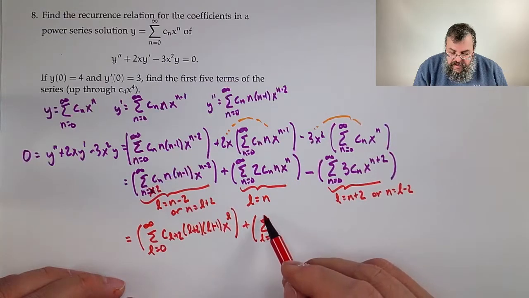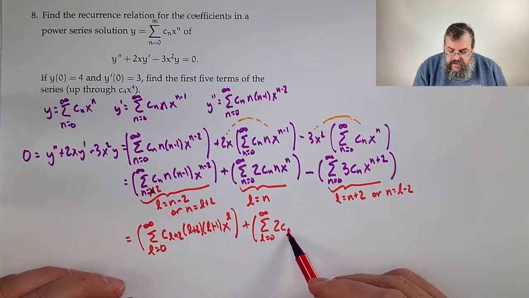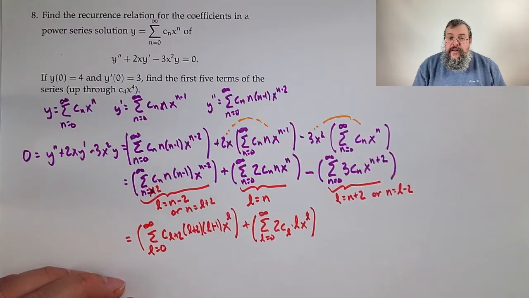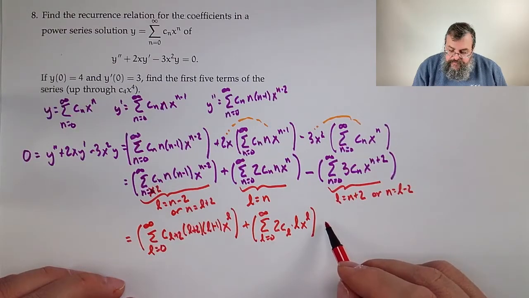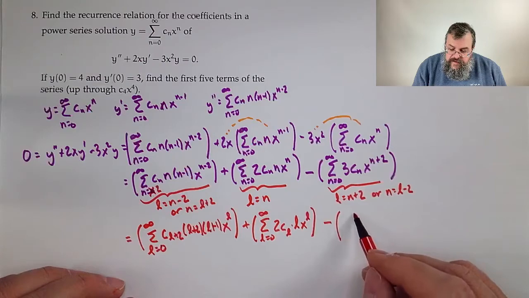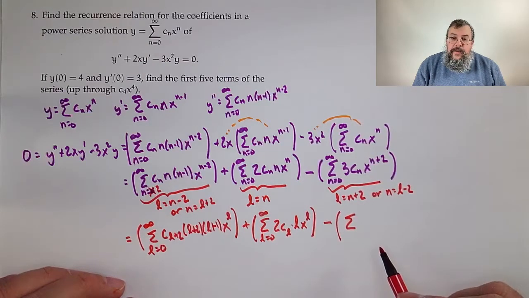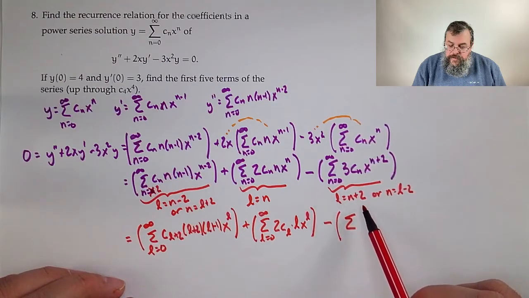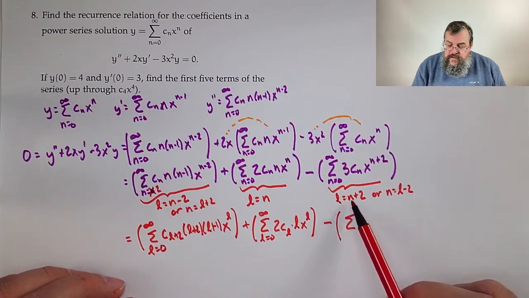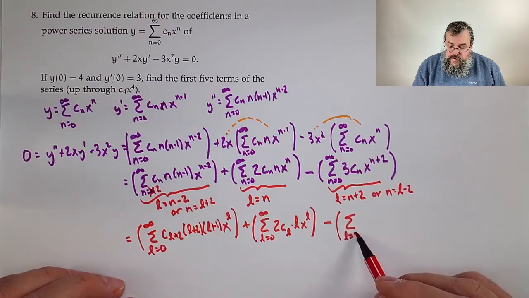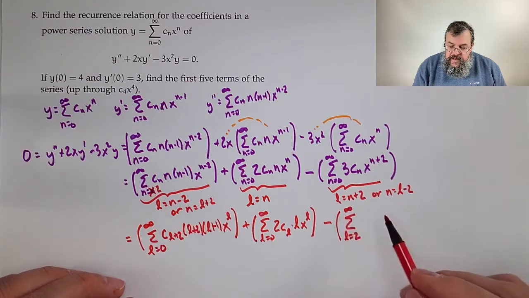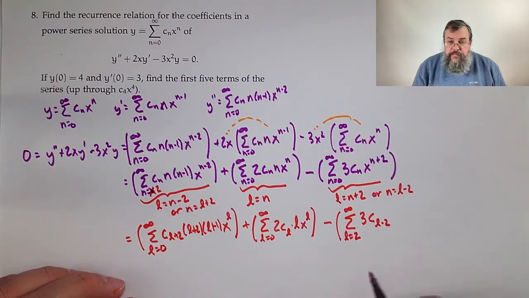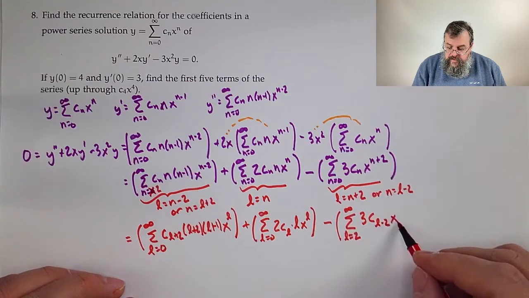The only thing that happens is that wherever we see an n, we put an L. Great. Our last sum, well, here things get a little bit interesting, because we're going to start it at 0. So when we do n equals 0, 0 plus 2 means here we start at 2. So 2 to infinity, and then we have 3 C L minus 2, and then we have x to the L.